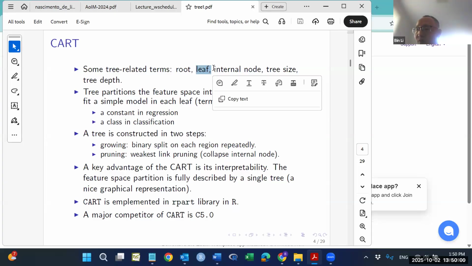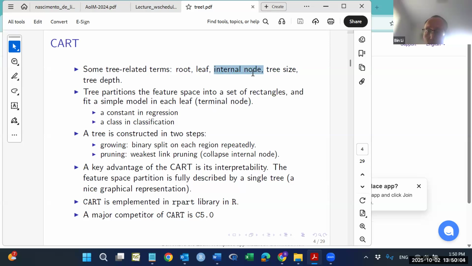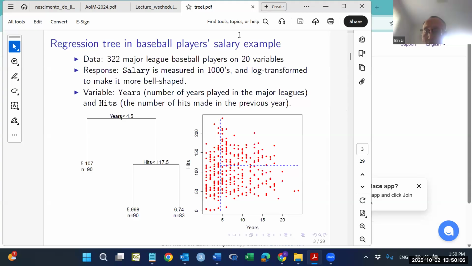We don't have any further split at the leaf. Okay. So what are internal nodes? This is an internal node. These nodes are not the root and not the leaf. They are somewhere in between. They have a split.